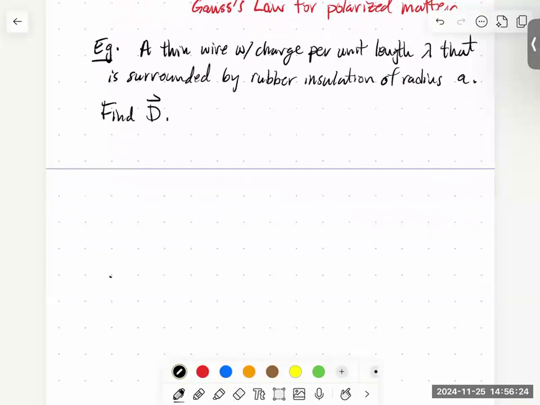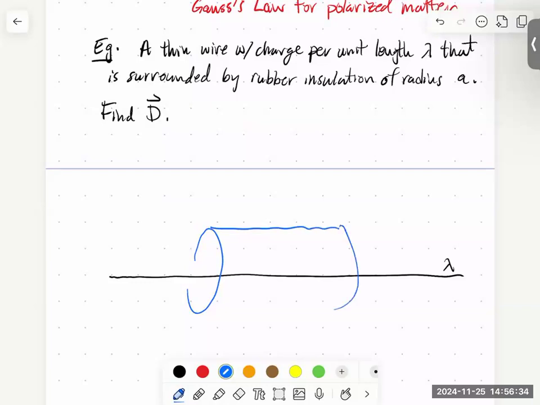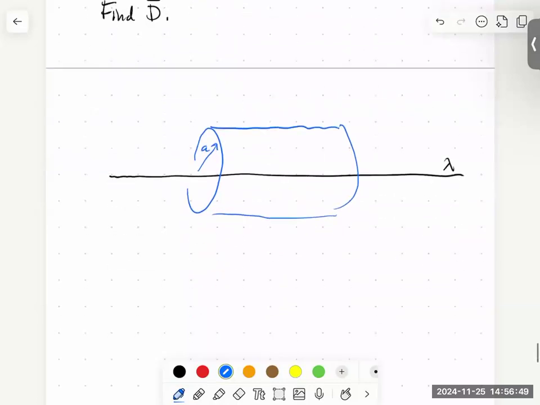All right, so here's our wire. This has charge per unit length lambda, and we're going to surround it by this piece of rubber. I'll draw just a section of it, and this has radius A. There's really mathematically all the tools that we've already been using, we just continue to use them.